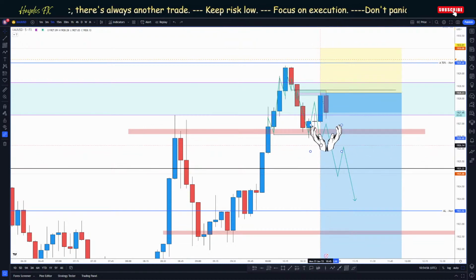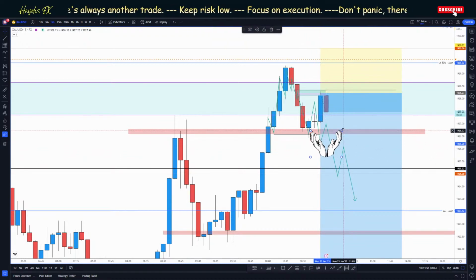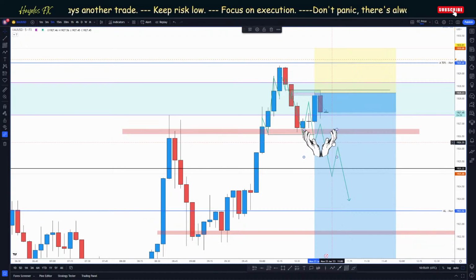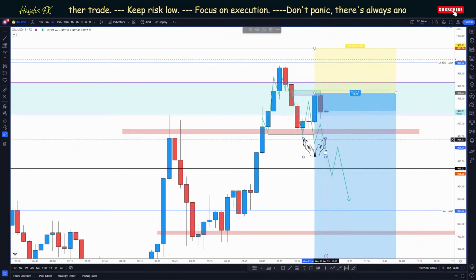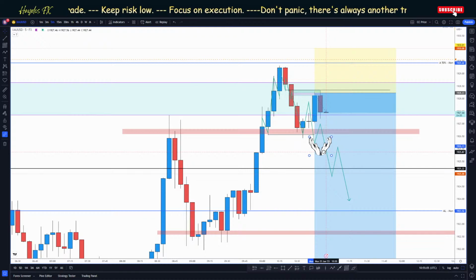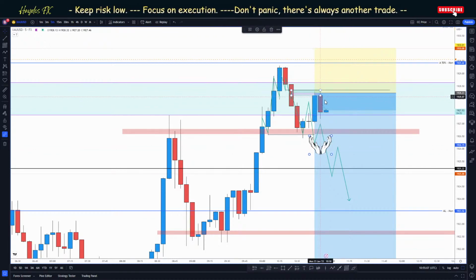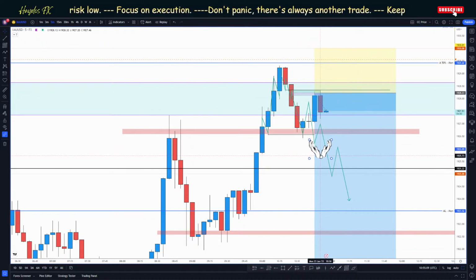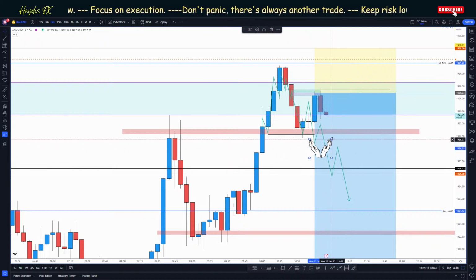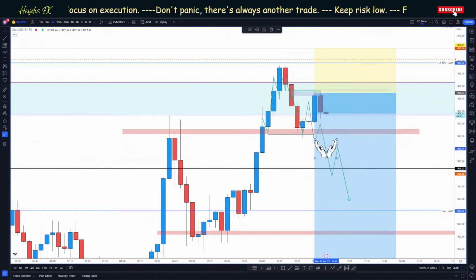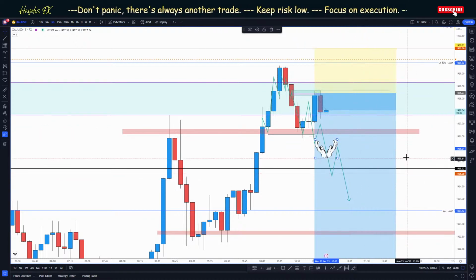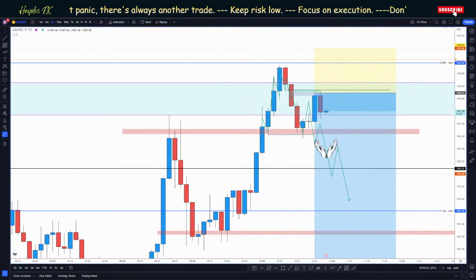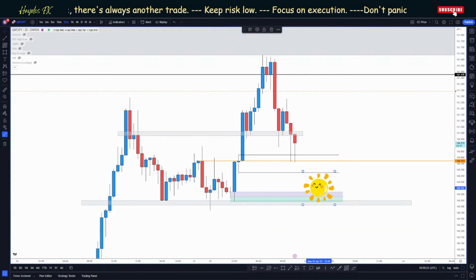Then a H4 wick fill. It already went up. It's got to come back down. Nice close. Just don't be a fake resistance, but come here, come to the hands. Nice fake out close. Keep coming.